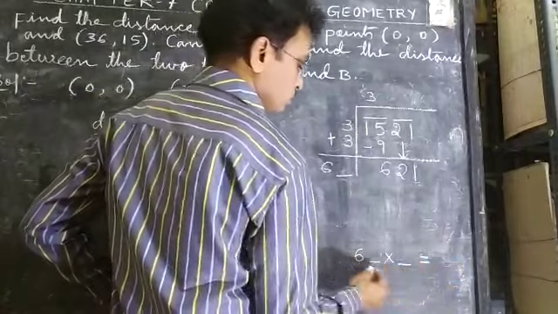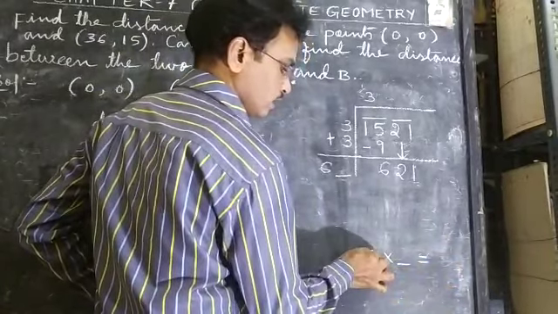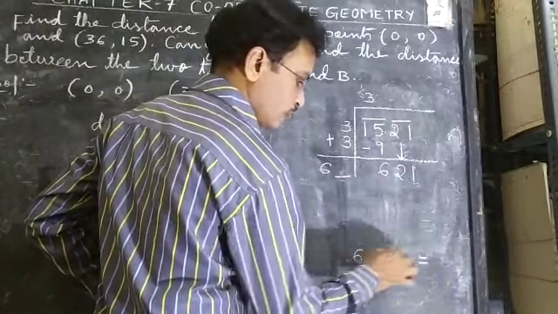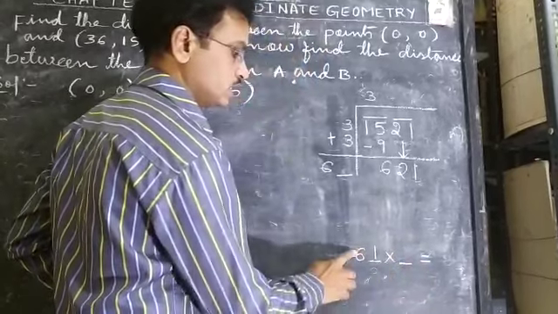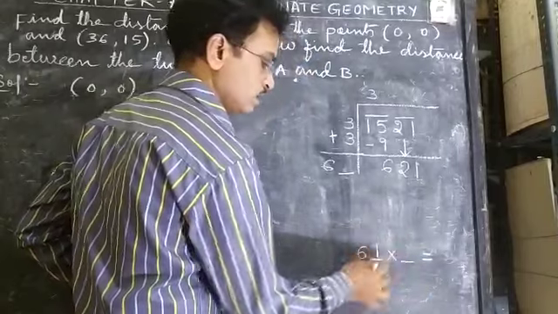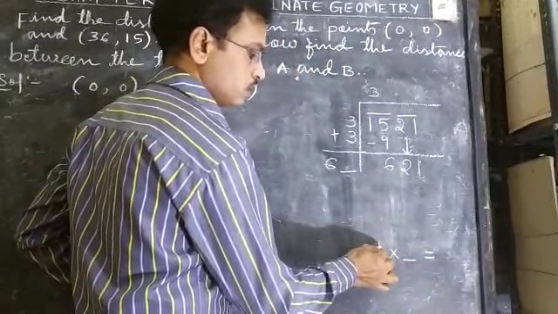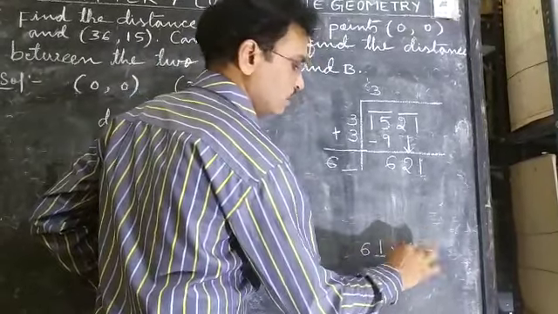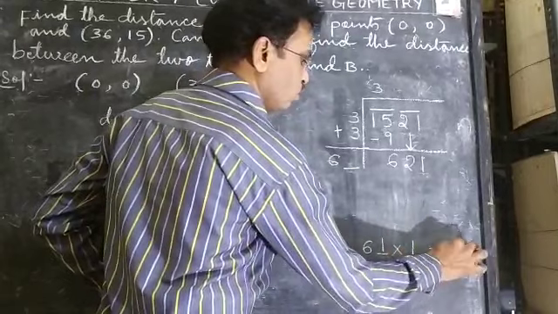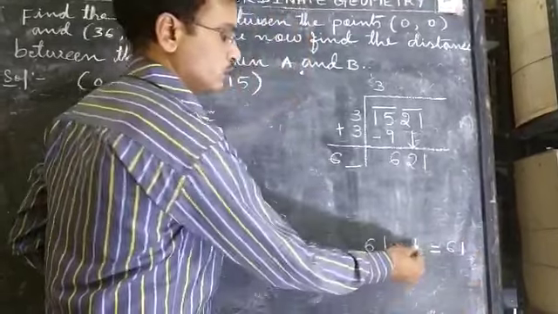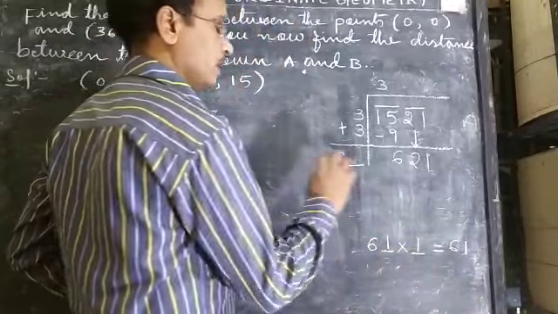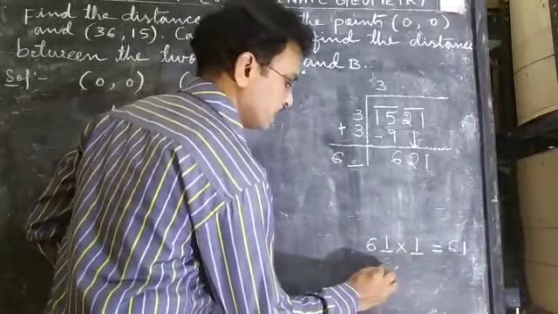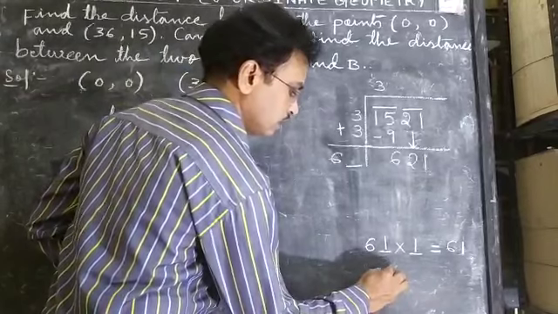Suppose you are taking 1 here and multiplying with the same number. Now I will show an example. 60, I am taking 1 here, so it becomes 61. 61 into 1 becomes 61. I am taking the same digits. Then I will take 9 directly.